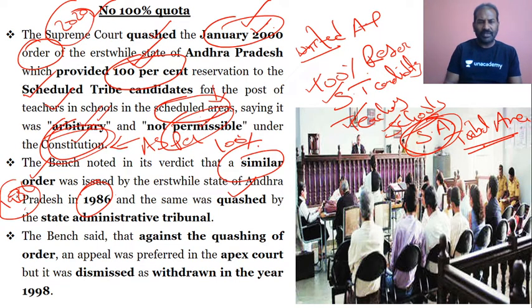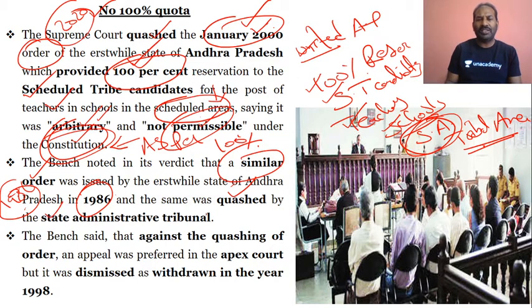So for the first time, the order was provided by the United AP in 1986, making sure that the scheduled tribe candidates would be given 100% reservation for the post of teachers in the schools which are in the scheduled areas. First in 1986, but it was quashed, and by whom?